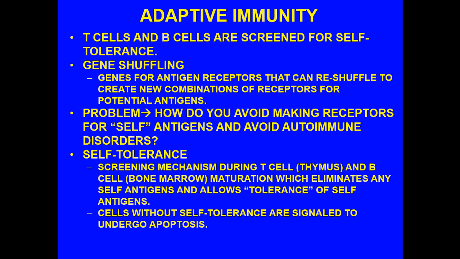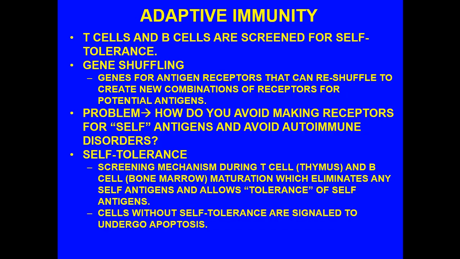But you have to keep in mind this concept of gene shuffling. I can't remember the scientist, but he received the Nobel Prize for finding all the different genes that play these roles in switching and arranging so that they will make new combinations of receptors for potential antigens. Well, is it possible that you have, mathematically, a chance to make receptors for potential antigens that would be for yourself, for proteins on the surface of, let's say, neurons or heart tissue or muscle tissue or anything?